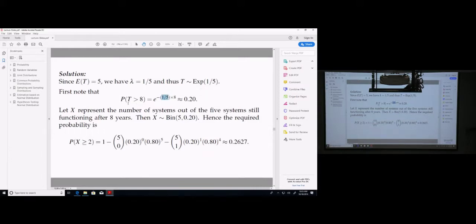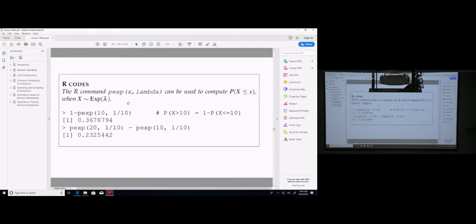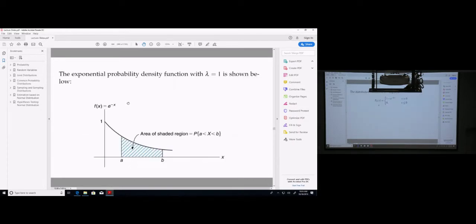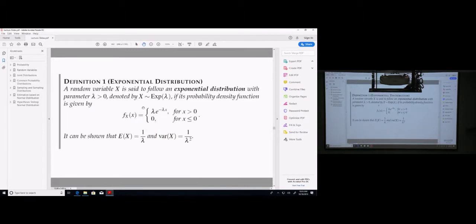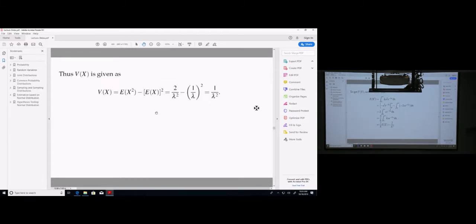So this is not referring to the density function. In the density function, I have a lambda here. But in the distribution function, the lambda disappears here.